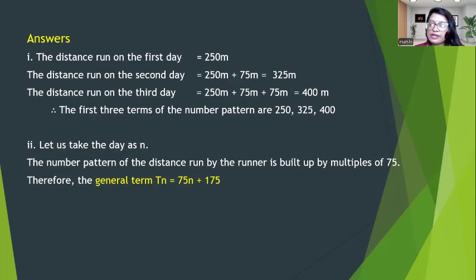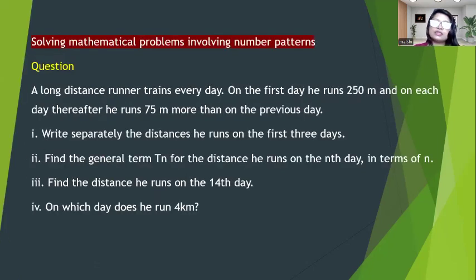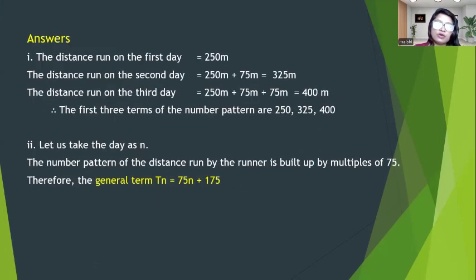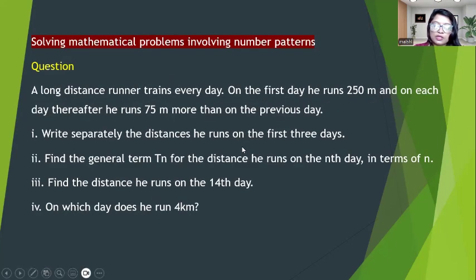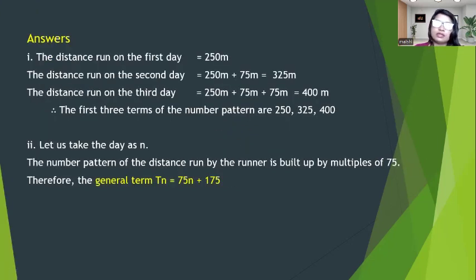Therefore, third day, he ran 400 meters. Therefore, the number pattern goes like, the first term is 250, then the second term is 325, and the third term is 400.